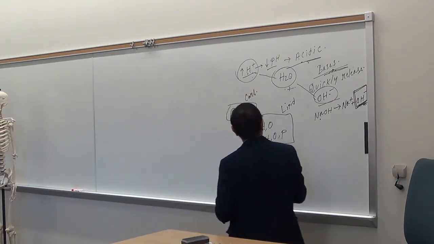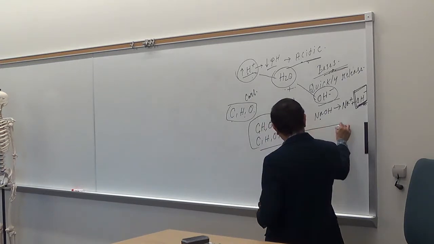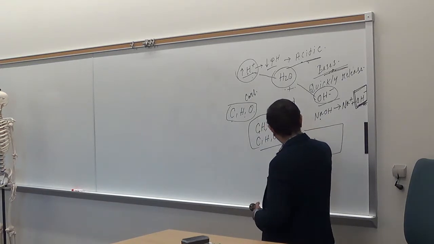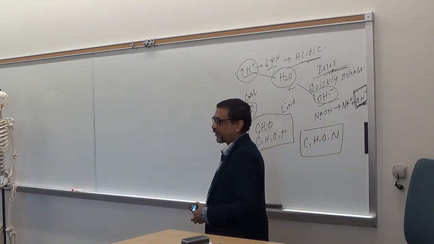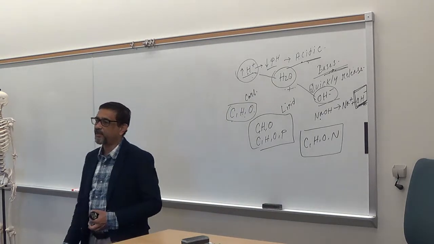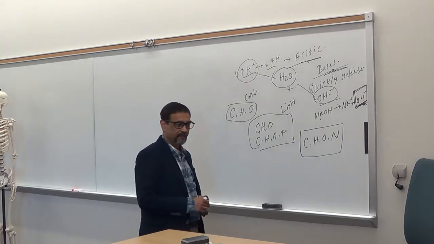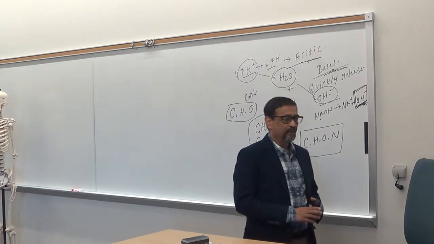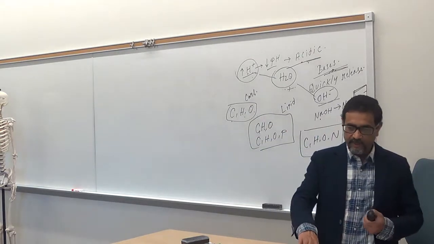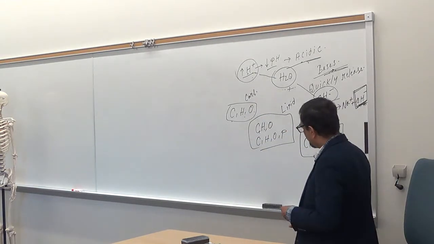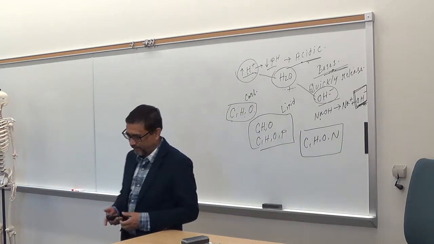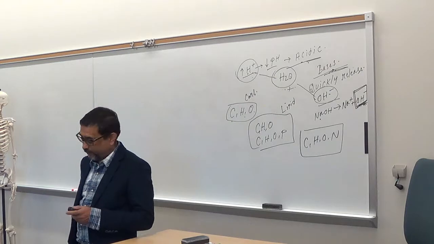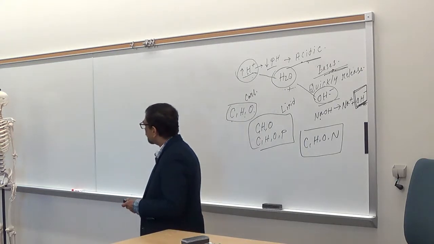And if you see protein, a protein molecule has CHO and N, nitrogen. All protein molecules have nitrogen in it. So that's the chemical structure of a carbohydrate molecule, fat or lipid molecule, and protein molecule.